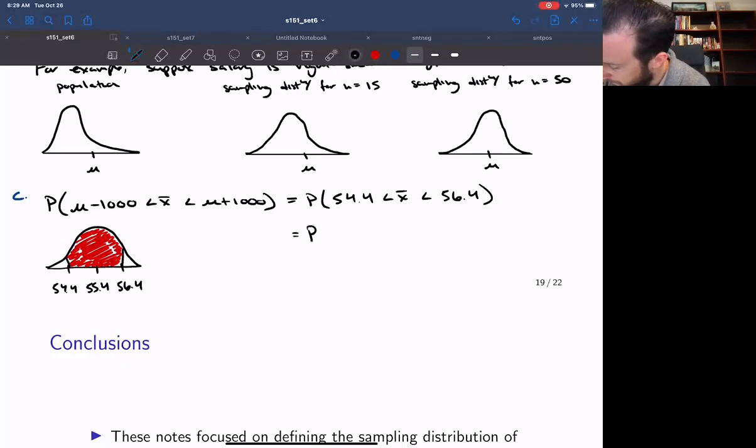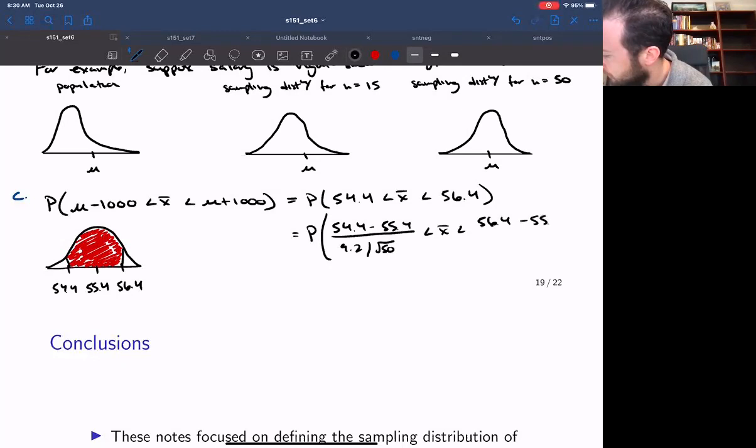Okay, so all we have to do now is standardize our values. So we're going to have 54.4 minus 55.4 divided by 9.2 over the square root of 50 is less than X bar is less than 56.4 minus 55.4 over 9.2 divided by the square root of 50.